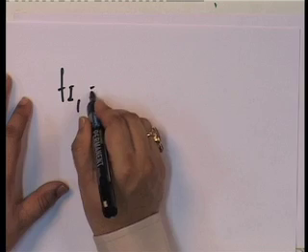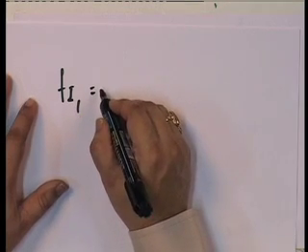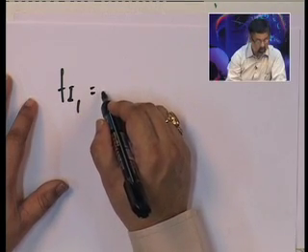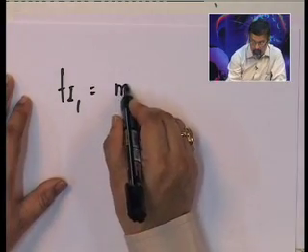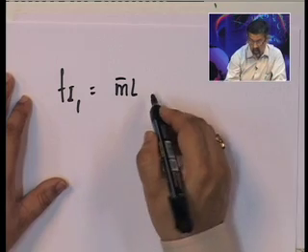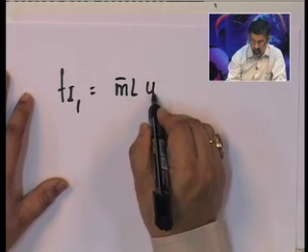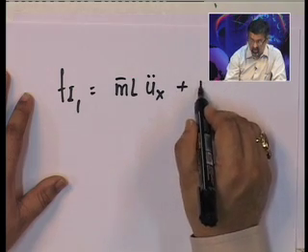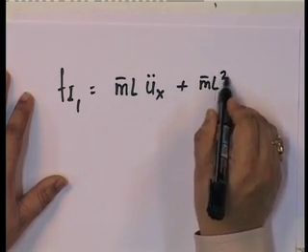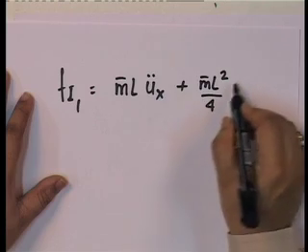So, ultimately, what does my final thing look like? f I 1 is equal to m bar L into ux double dot plus m bar L squared by 4.